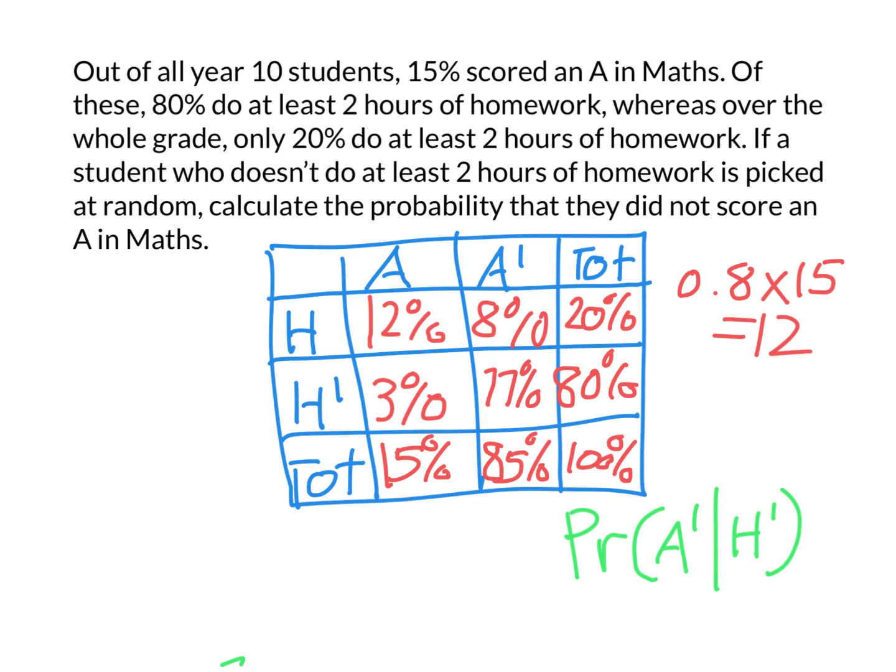So the formula for conditional probability tells us that on top we put the probability of both. So these are the people who both didn't score an A because they're in this column and didn't do 2 hours of homework because they're in that row. So that's 77%. And on the bottom, we just put the second one, which is H dash, 80% in total didn't do the homework. So the answer is just 77 over 80, and we're done.